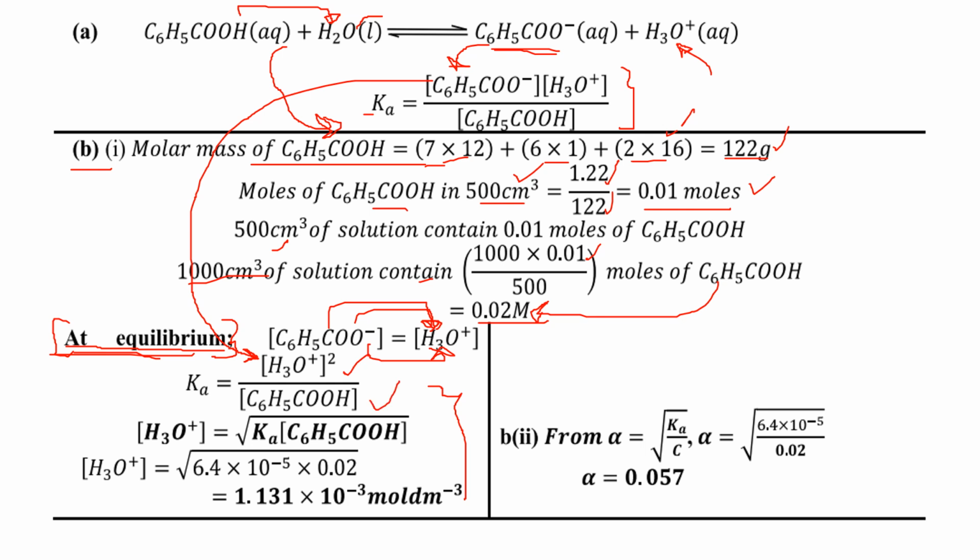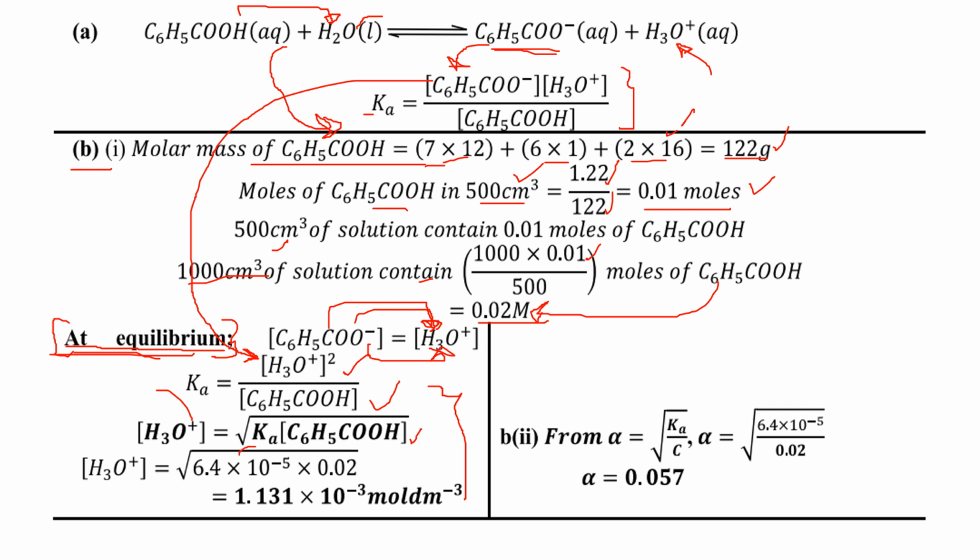Protons, or hydrogen ions, are the same as hydrated hydrogen ions, and hydrated hydrogen ions we name hydroxonium. So finding the molar concentration of this is like finding the molar concentration of hydrogen ions. Making the molar concentration of hydroxonium ion the subject, we remain with the square root of Ka times the molar concentration of the benzoic acid, and then we substitute.